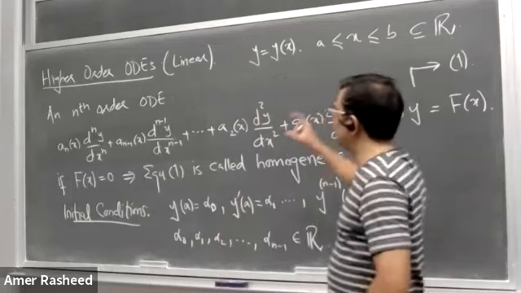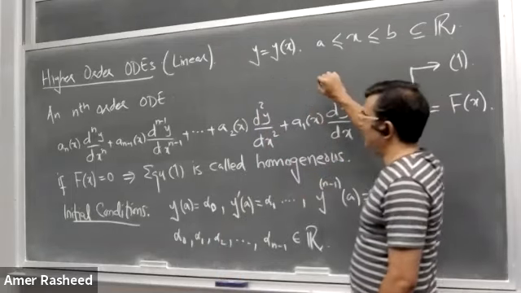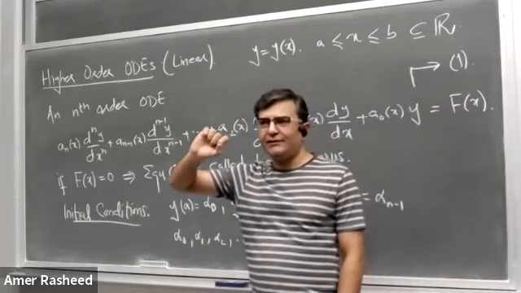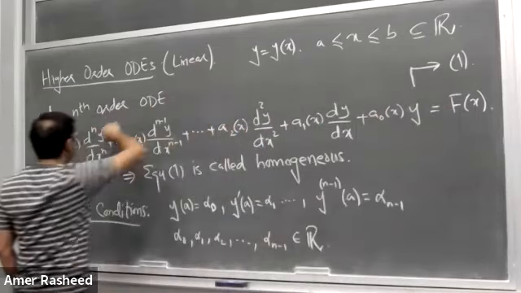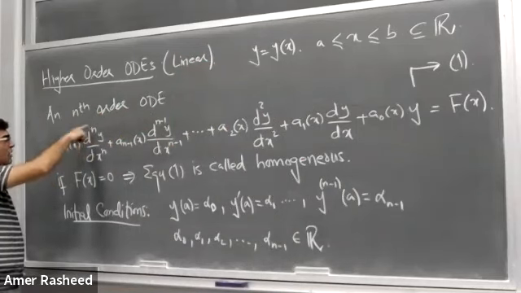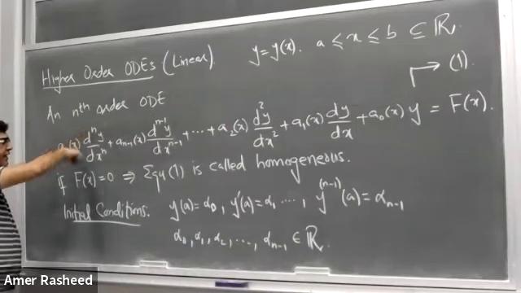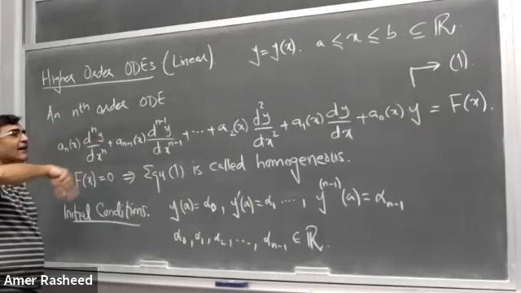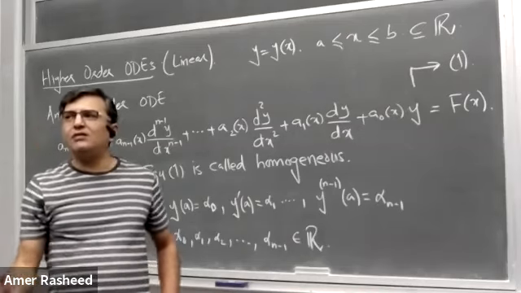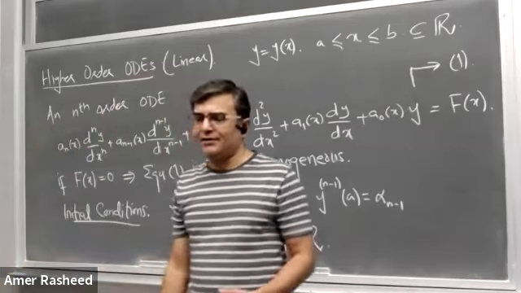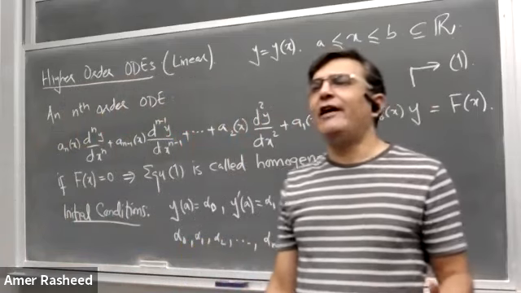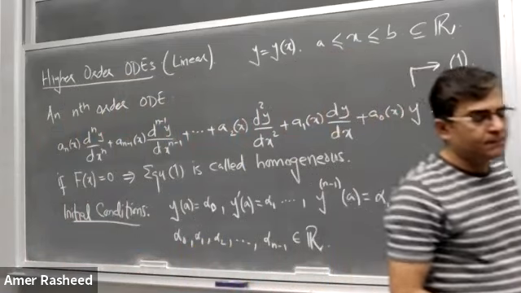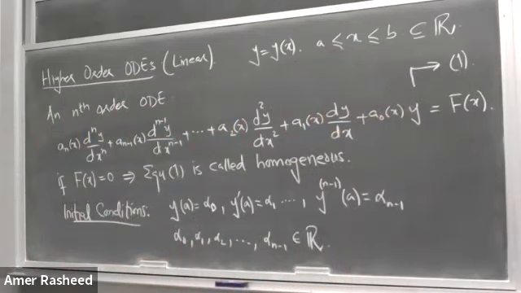The same applies here. If we have n derivatives, then to get the original function y, we have to integrate this equation n times, which involves n integration constants. And in order to find those constants, we need n initial conditions.